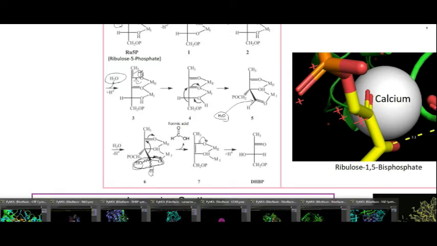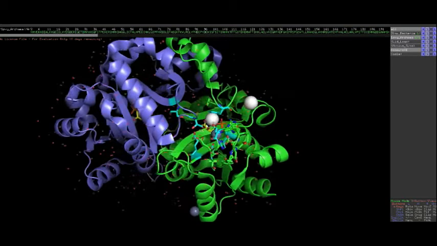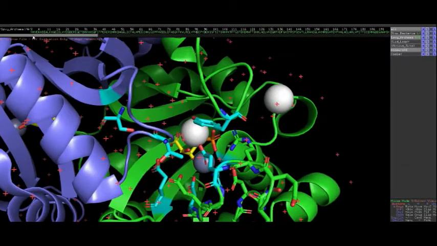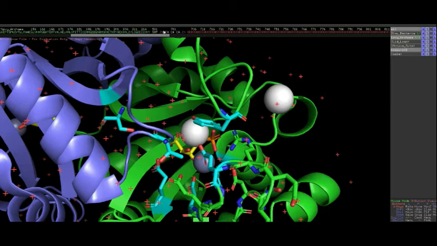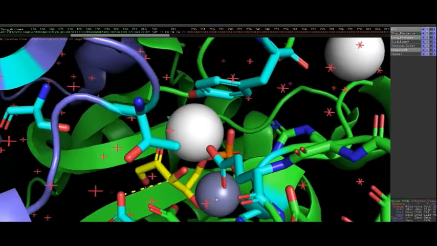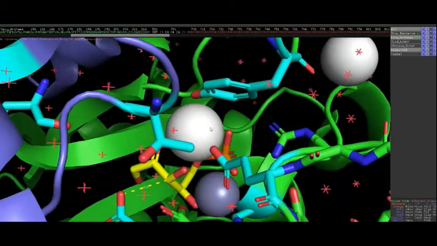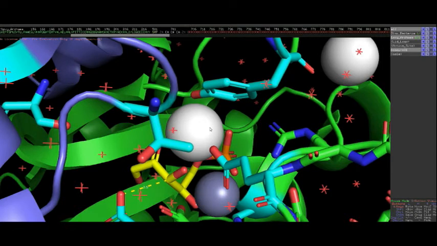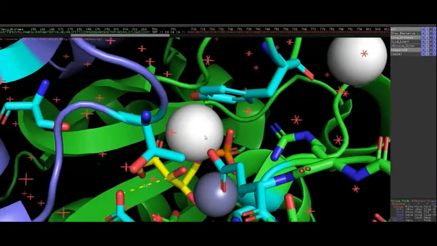And so I have the structure for that right here. We can see our two metal ions here, which they are saying is zinc and calcium. Zinc is this darker sphere here, and calcium is this larger one right here. Looking at the periodic table I have, they're both in the same row, but zinc is in a later column.